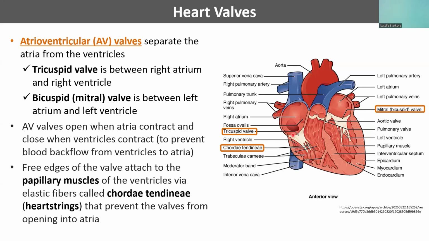These valves are attached to the muscles of the heart, called papillary muscles, but not directly. They are attached through stretches of elastic fibers called chordae tendineae, but you might know them as heartstrings. When people say that she holds him by the heartstrings, I know they don't mean it anatomically, but the heartstrings really exist in the heart, and they prevent the valves from turning out in the atria.